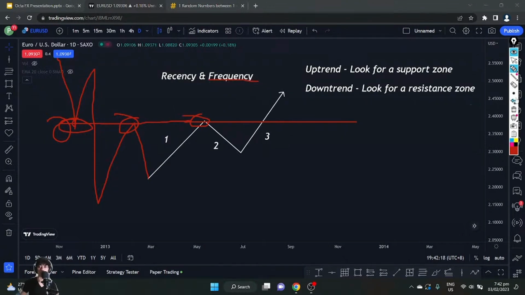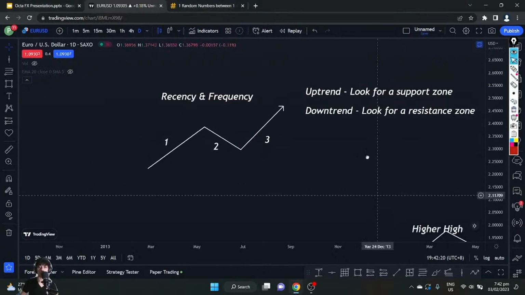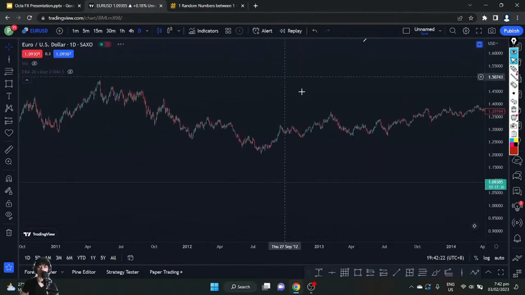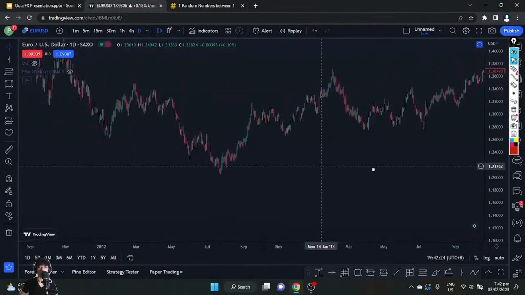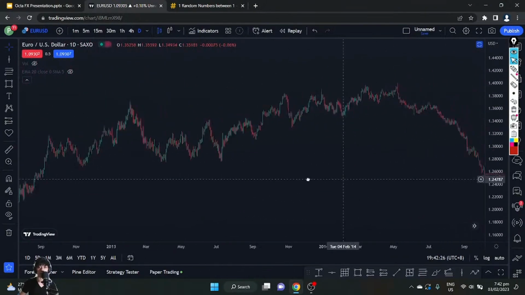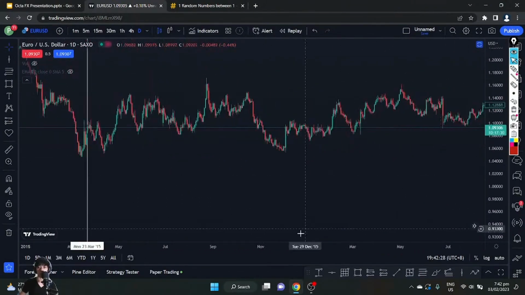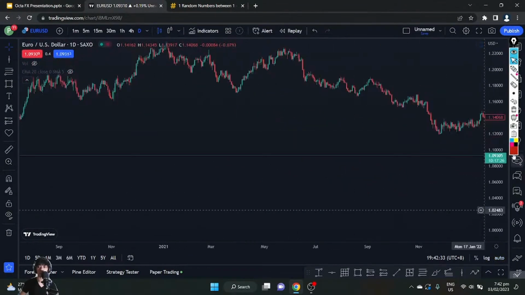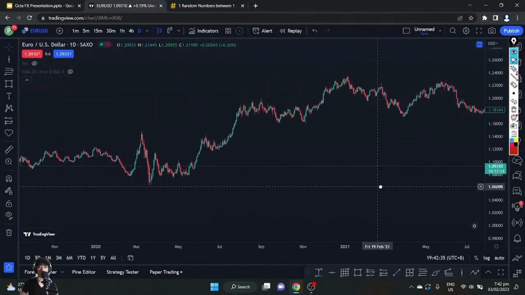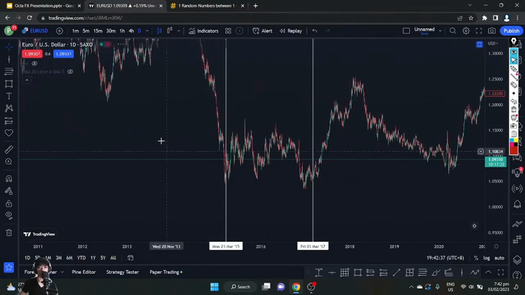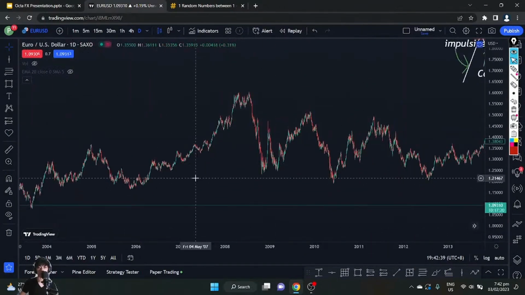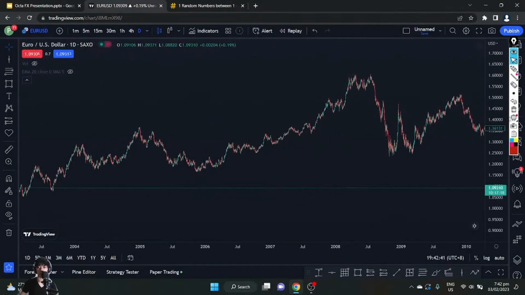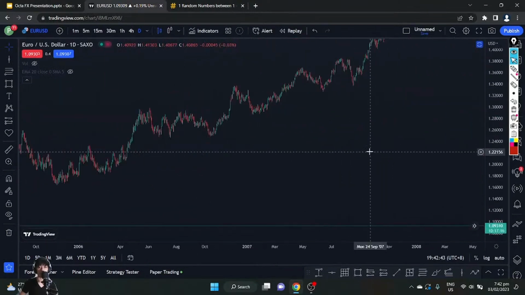Okay. So let's take a look at the live example. We can see if we can have a 1, 2, 3 pattern. So let's take a look at the uptrend example because we are studying the uptrend move. So let me just take a look at a good example. So here, this is a good example that we have right here.